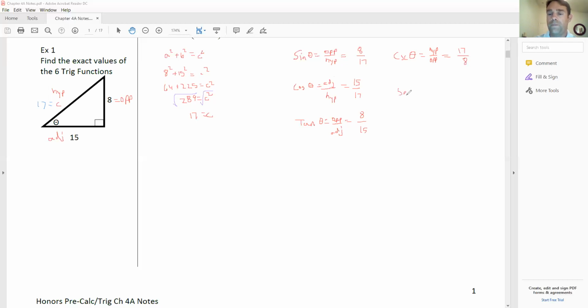Secant of theta, the reciprocal of cosine, is hypotenuse over adjacent, so that would be 17 over 15. And our last one, cotangent of theta, is adjacent over opposite, so that would be 15 over 8.